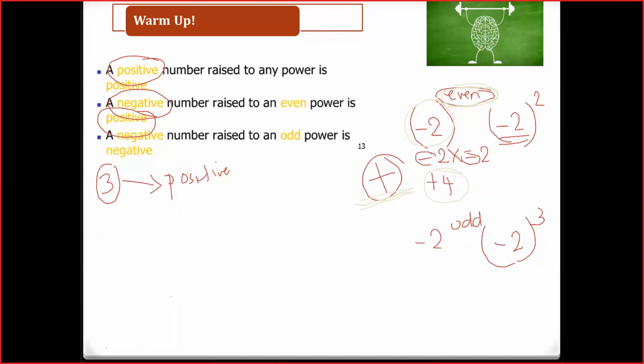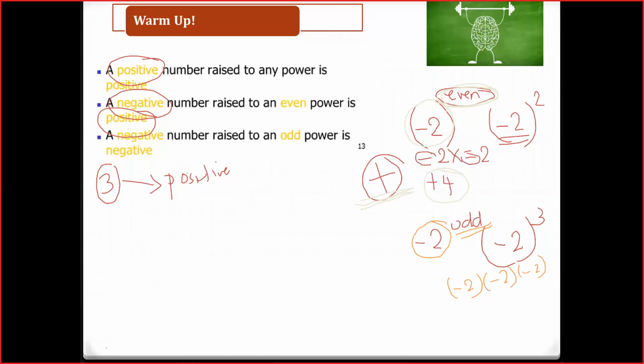But if we have now a negative number, but the power here is odd, not even. Like negative 2 to the power 3. It will be negative 2 multiplied by negative 2 multiplied by negative 2.